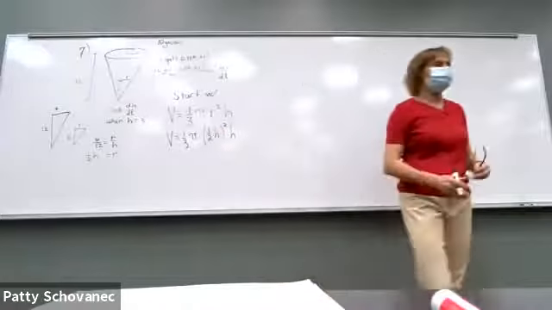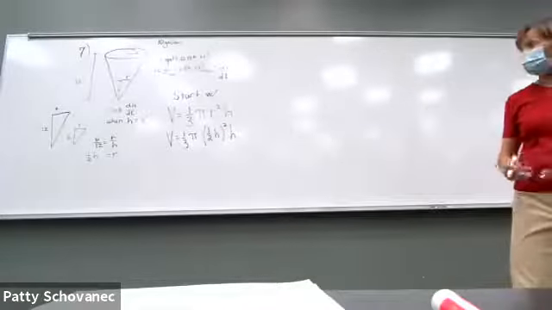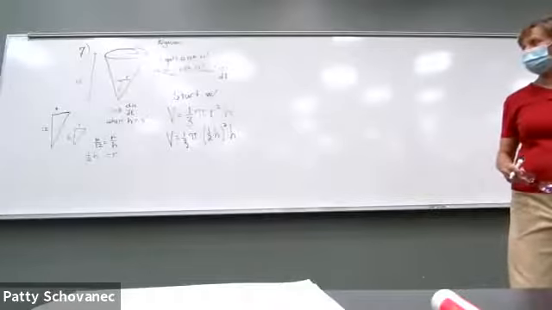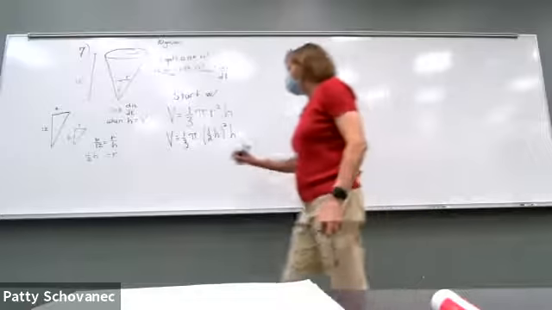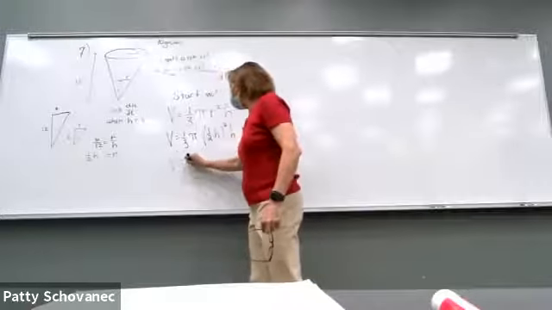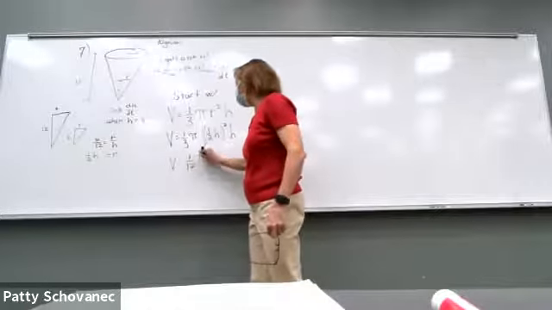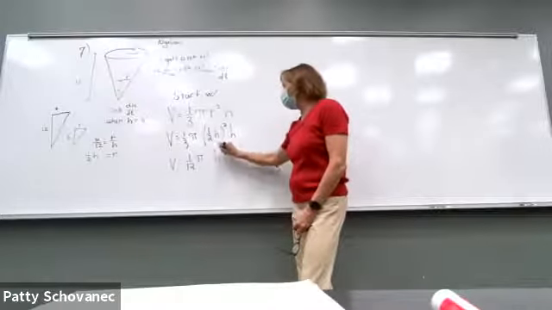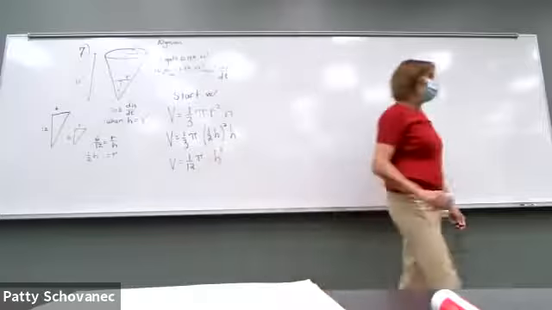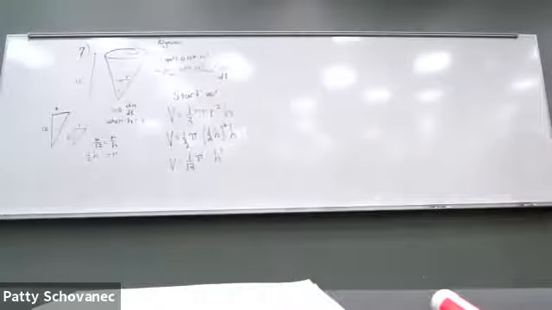And then multiply with the H. So let's clean that up. 1/2 squared is a 1/4. Times that 1/3 gives me 1/12. So I have my volume as a 1/12 pi. That's all a bunch of constants. Then I've got an H squared times an H. So I've got an H cubed.